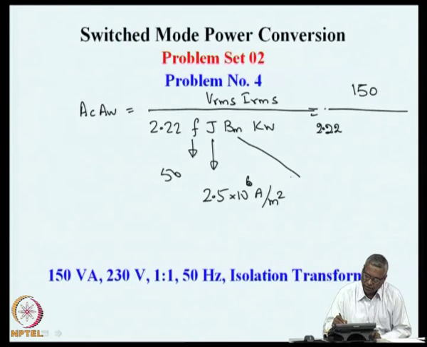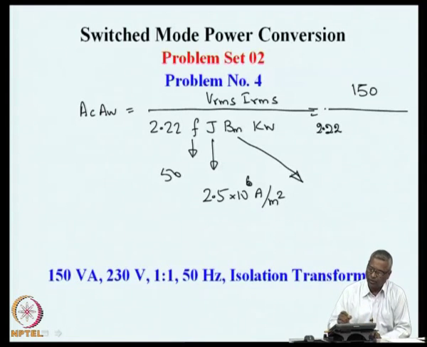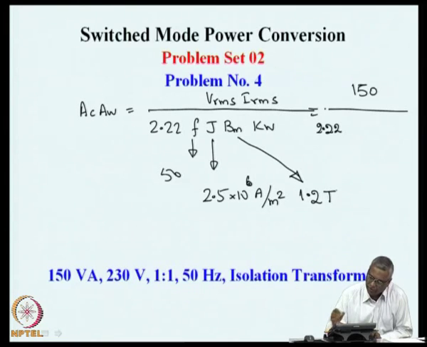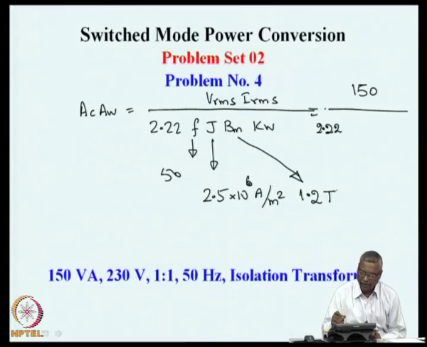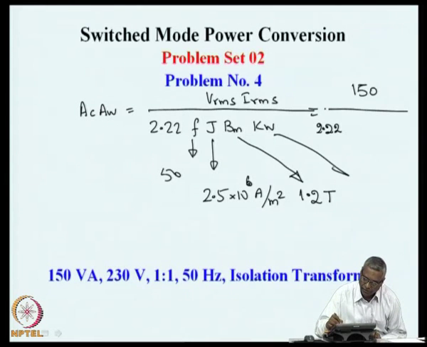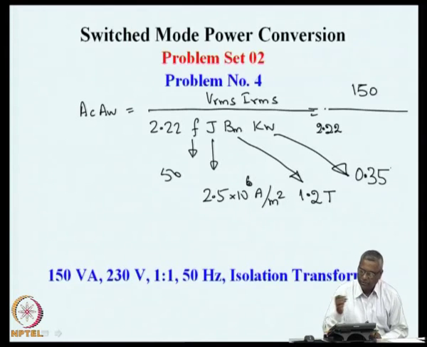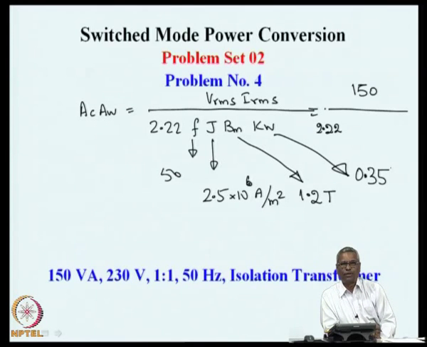The iron used for the core can withstand without saturation a magnetic flux density as high as 1.2 Tesla, and we might say that the window space factor is 35%, that is, we are able to utilize 35% of the window effectively in the transformer.